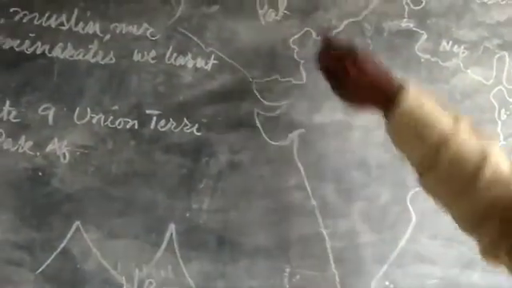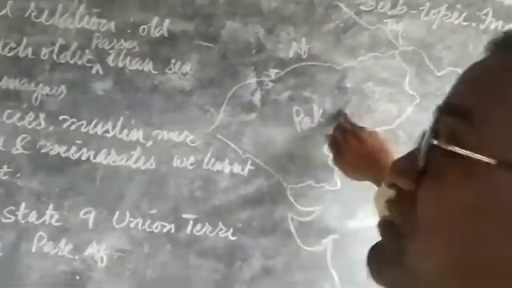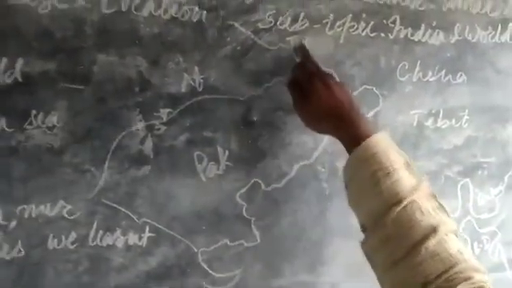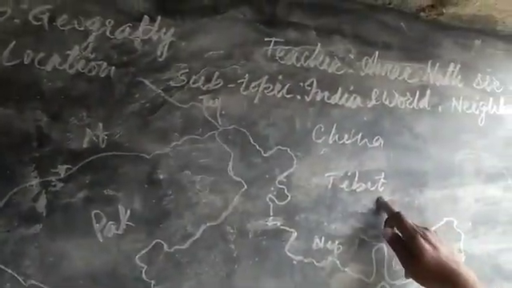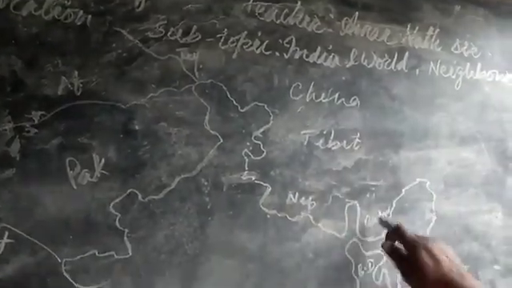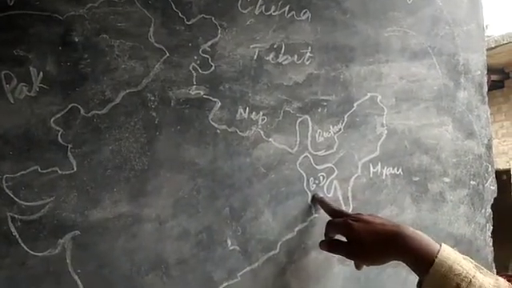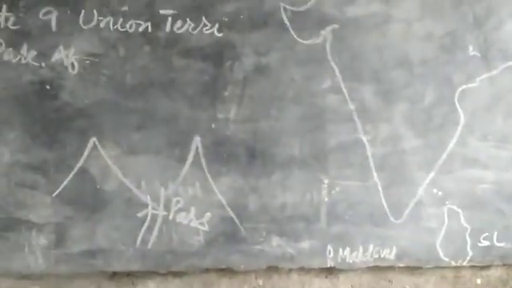In the northwestern part of our country, Pakistan is situated, so Pakistan is our northwestern neighbor, Afghanistan also northwestern, Tajikistan northern, China northern, Tibet northern, Nepal northern, Bhutan northeastern, Myanmar northeastern, and Bangladesh northeastern, while in the southern parts Sri Lanka and Maldives are our southern neighbors.